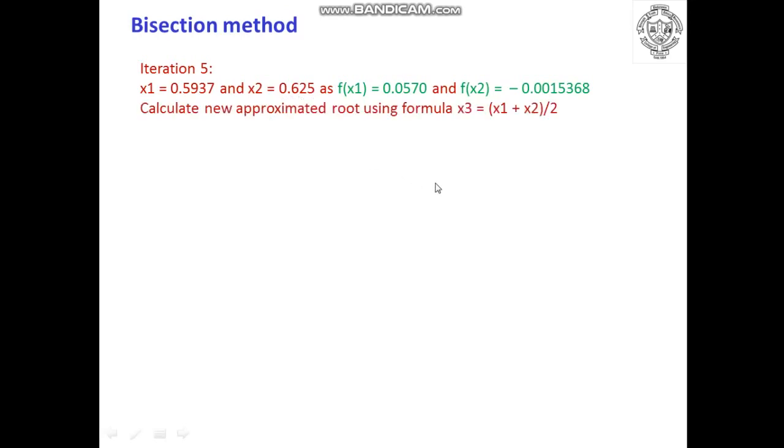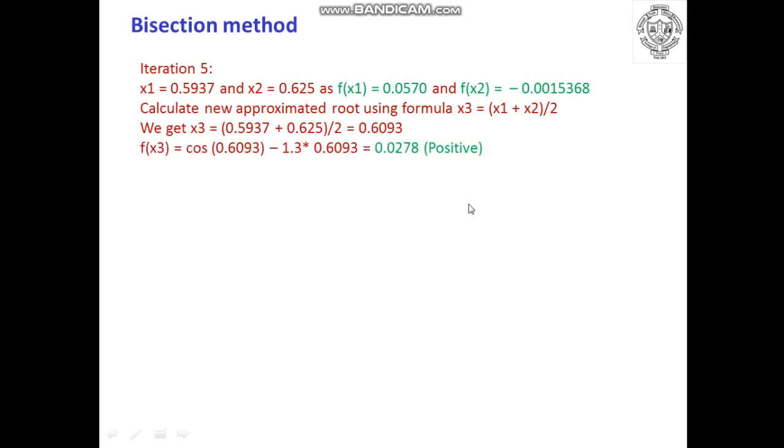So now let us perform the fifth iteration with x1 equal to 0.5937 and x2 equal to 0.625. So let us find the next approximated root, as x3 will be equal to the midpoint between these two points. So the value of x3 will come out to be 0.6093.